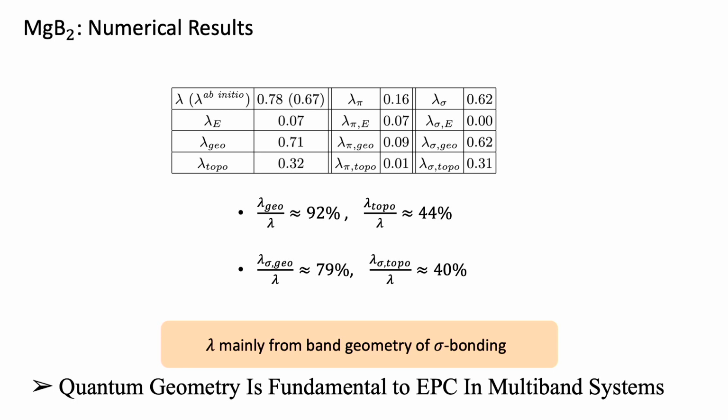I don't claim that all systems that have quantum geometry will have superconductivity. What I do claim is that in these two systems, MgB2 and graphene, the geometric part of the electron-phonon coupling makes 92% of the entire electron-phonon coupling in MgB2, and in graphene, it makes 50%.